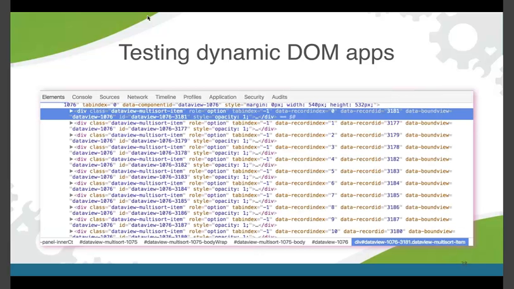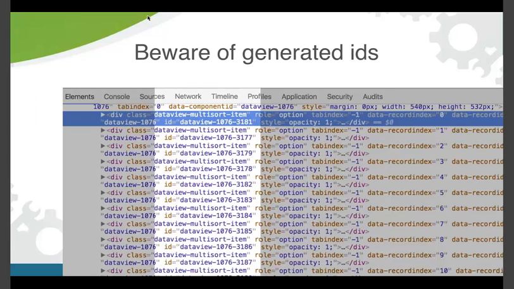And if we look at a typical complex application these days, you can see that there's a lot of DOM with different types of attributes. So it's hard to know what I should pick. And if we zoom in and look at the DOM from this view, you can see the IDs specifically. And they don't look very stable to me.